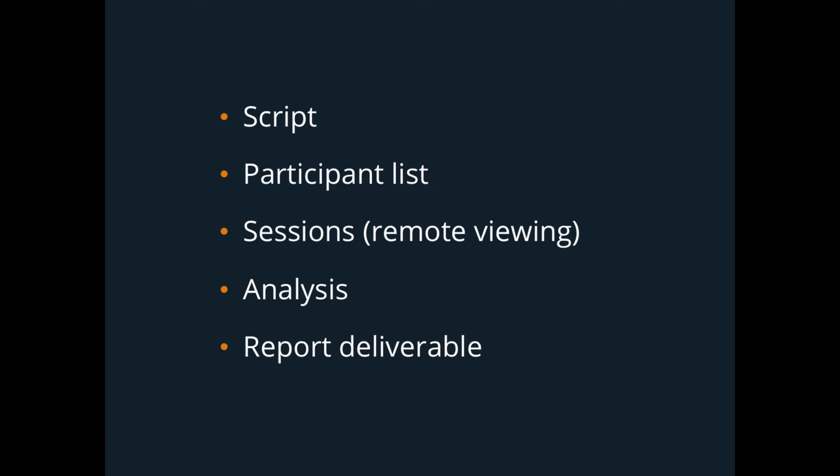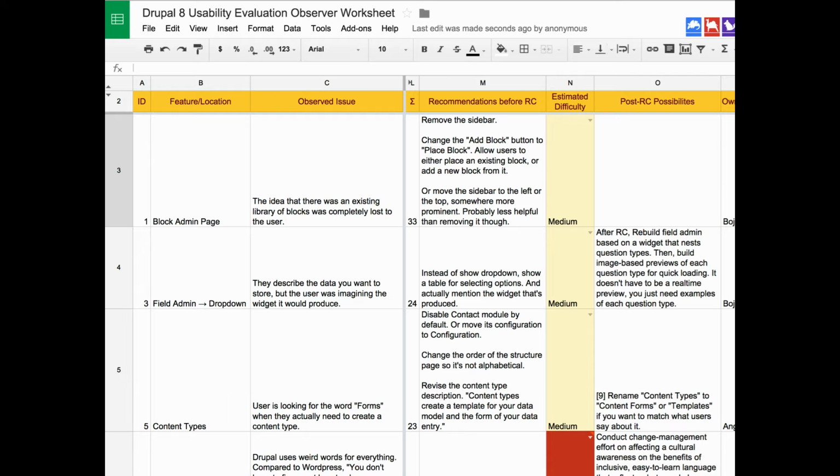And then obviously the analysis part is a little bit more tricky, but that's also something where I try to be kind of open. If I have a spreadsheet or something like that, that's always shared amongst the group, so they can add their own issues, and I will try to categorize those. And the report might just be a conversation that we have around the findings, rather than an actual PDF that they can read.